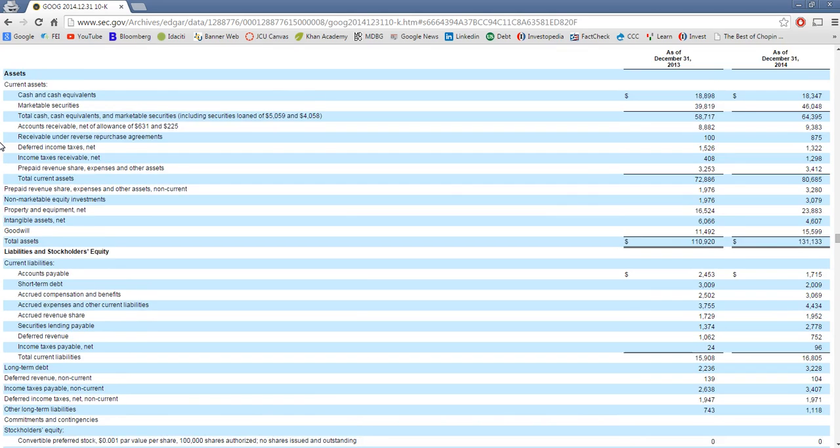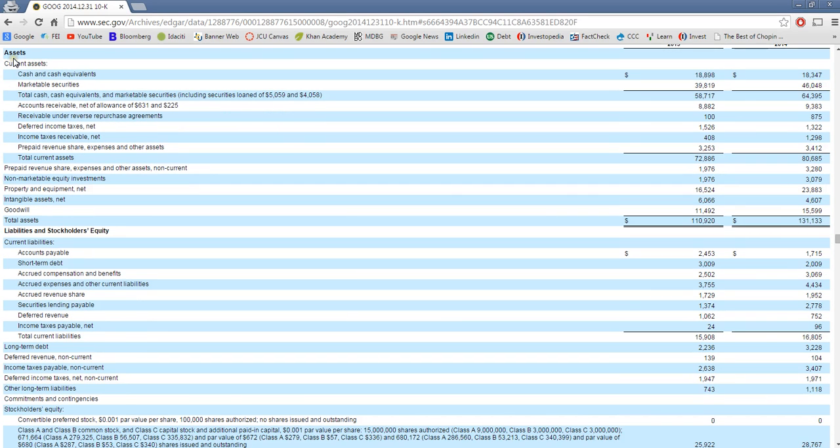And you can see here that they broke this down. This is called a classified balance sheet, which means instead of showing all of the, take for example, cash and cash equivalents. Don't worry about the term cash equivalent right now, just say this is cash.